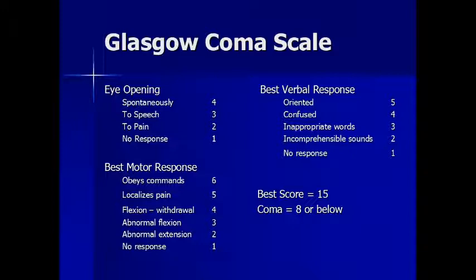So the best score, 15, means that they open their eyes spontaneously when you call. They can obey commands, and patients are oriented. All the rest come underneath. The worst response is no response for any, and we definitely know these patients are usually not going to survive. So please review the Glasgow Coma Scale.